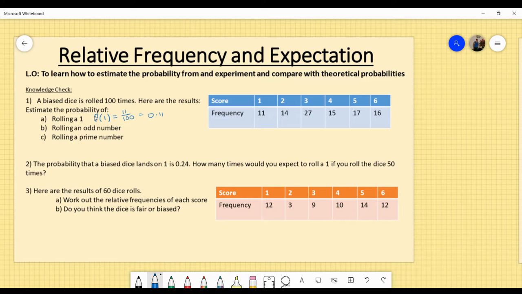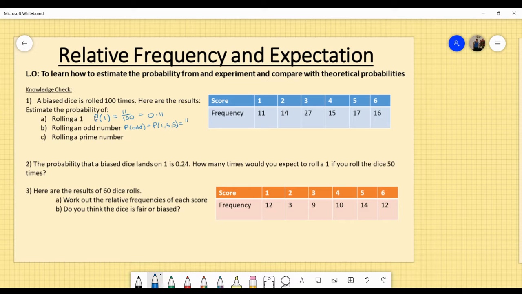Okay. The probability of rolling an odd number. Okay, so again, in terms of notation, it's the probability of an odd. Okay, and then our odd numbers are 1, 3, and 5. And therefore, what we need to do is combine them together.